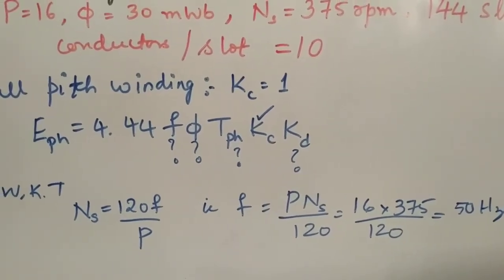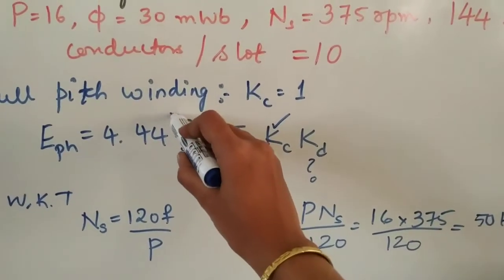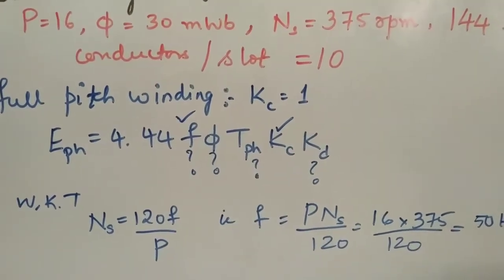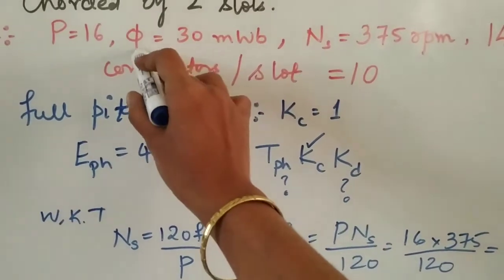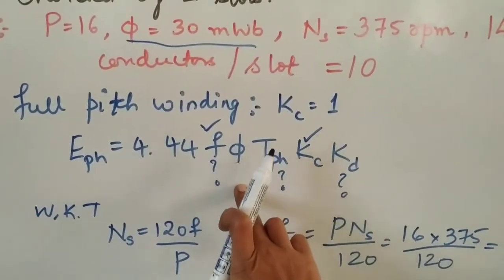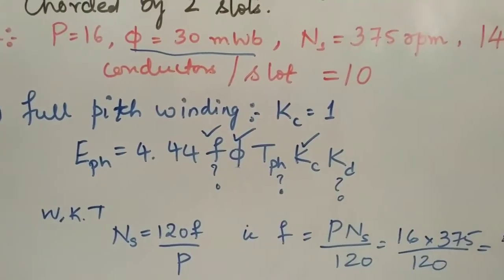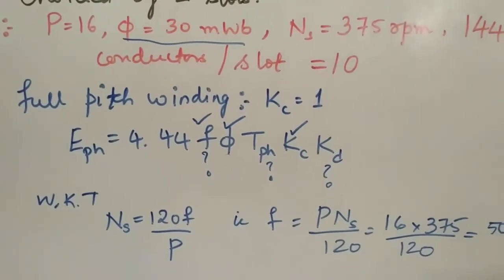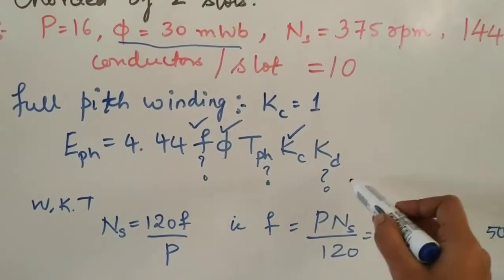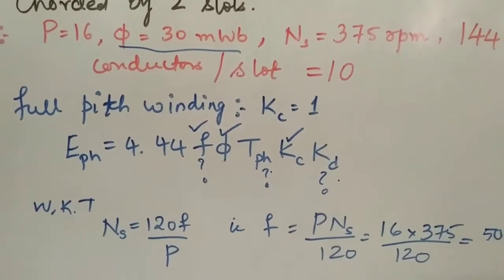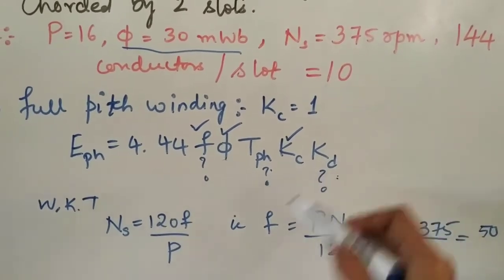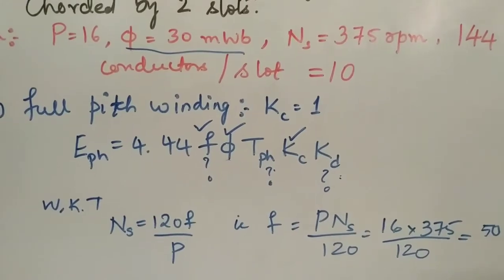So let us put a tick mark. Similarly, the flux is already given in the problem, so no need to worry about this. The next aim is to find out the turns per phase as well as the distribution factor. Let us solve the distribution factor next.